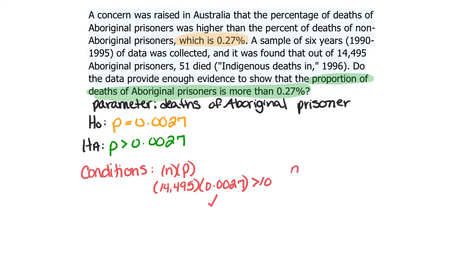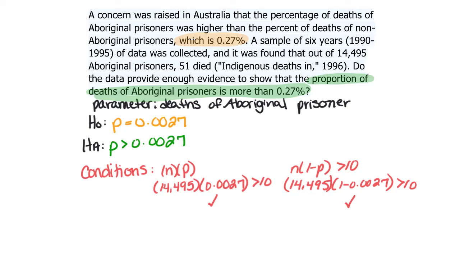But I also want to check and make sure I have enough sample for non-Aboriginal deaths as well, and I want that to be greater than 10. So 14,495 times 1 minus P, and that is significantly greater than 10 as well.